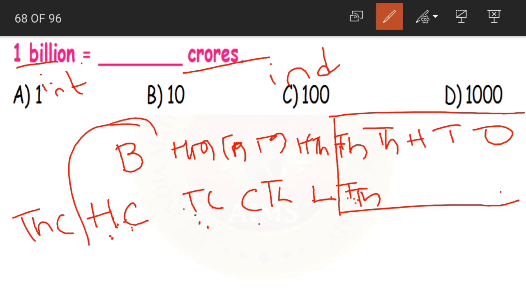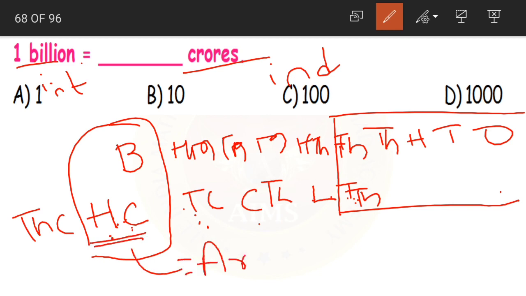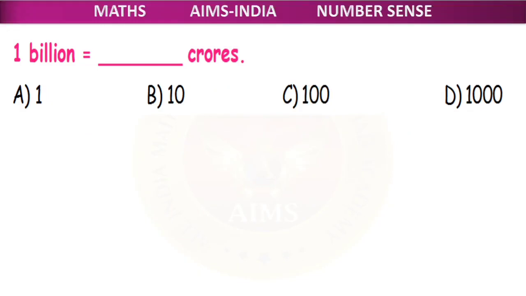So for a billion, 100 crores is equal to 1 Arab. Here 1 billion is equal to 100 crores. That is option C, 100 crores. I hope this is clear.